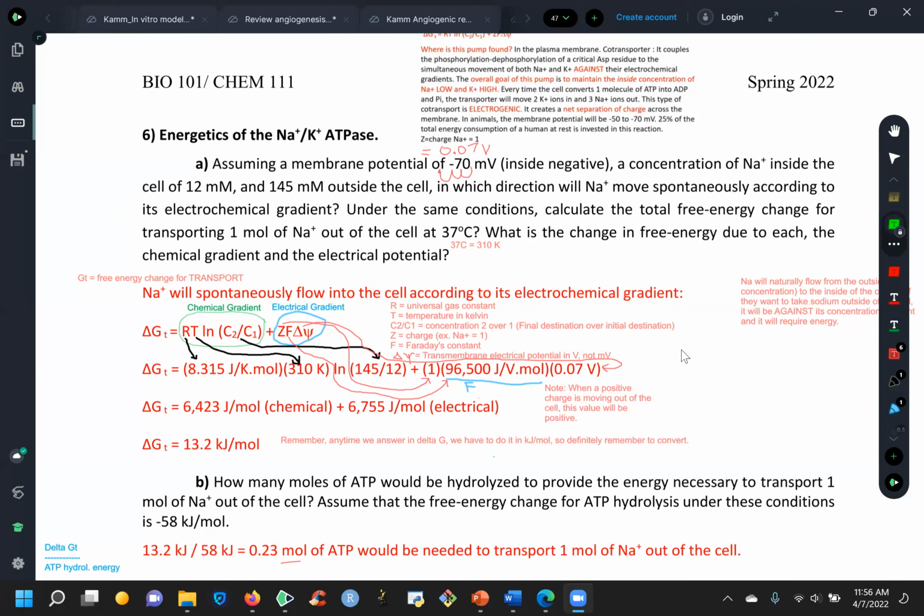Last thing, delta psi. Delta psi is equal to V. It's the transmembrane electrical potential, and it has to be in volts.